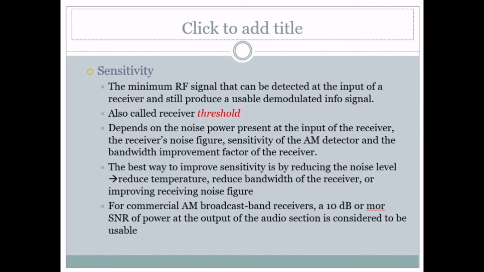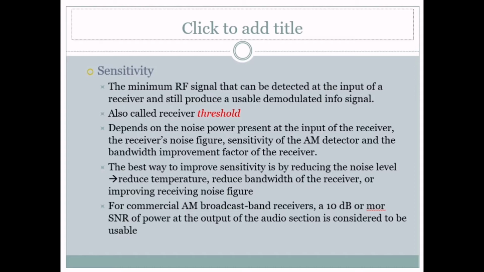The minimal RF signal that can be detected at the input of a receiver and still produce a usable demodulation input signal is also called the receiver threshold. It depends on the noise power present at the input of the receiver, the receiver noise figure, the sensitivity of the AM detector, and the bandwidth improvement factor of the receiver.